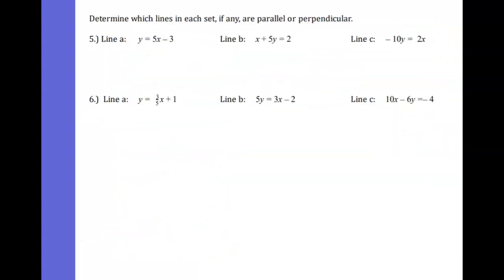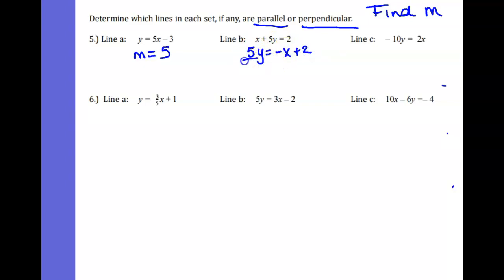Okay? All right, so another type of question might be: determine which lines in each set, if any, are parallel or perpendicular. So the key to this is to find the slope. Find m for each one of these lines. The first one's easy. M is 5. The second one we need to put into slope-intercept form, so we're going to subtract x from both sides. 5y is equal to negative x plus 2, and then we divide by 5.